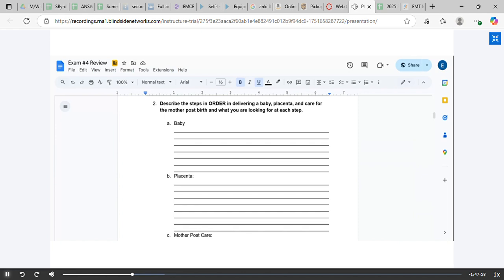This is going to sound weird, but if it's really cold and you're worried about hypothermia with this kiddo, you're really worried about heat loss, then you can put your baby in a bag, okay? You can put your baby in a bag. They have little plastic bags that come in your OB kit.